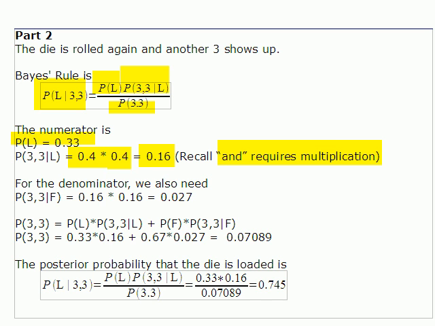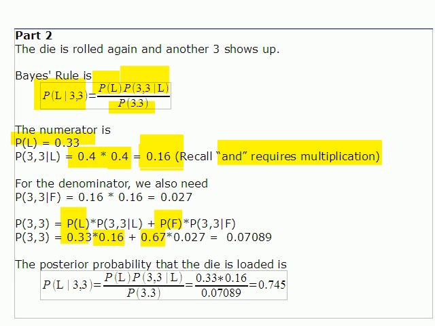Okay, now the denominator, we have to find out what's the probability we have gotten these 2 3s anyway. Well, we could have gotten them from a loaded die or from a fair one. The probability of the loaded occurring is 0.33. Probability of the fair is 0.67. I just computed the probability that the loaded die would turn up 3 twice, and that's 0.16 from here.